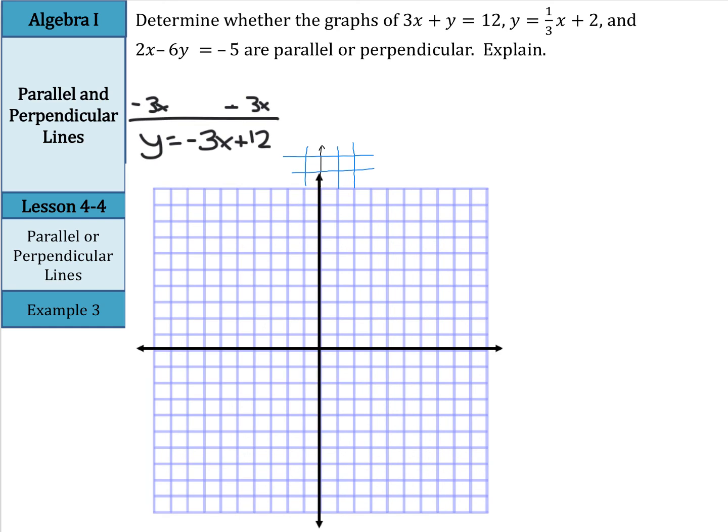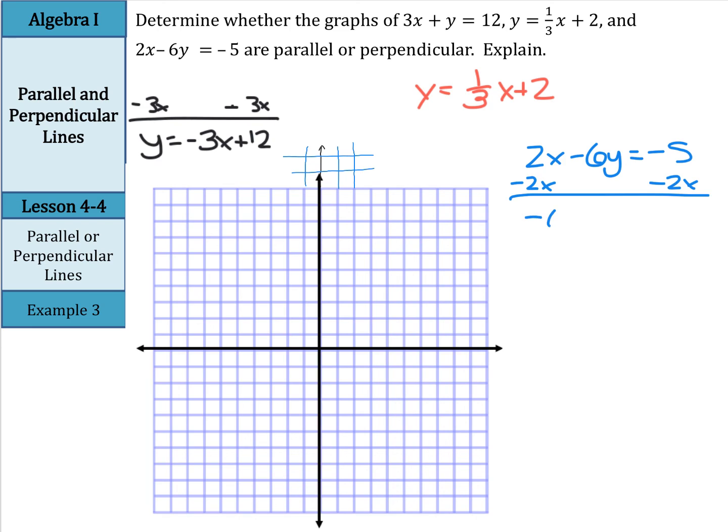If we look at the second equation, we have y equals 1/3 x plus 2. And with the third equation, 2x minus 6y equals negative 5, let's work to get that into slope-intercept form as well. First step, subtract 2x from both sides.